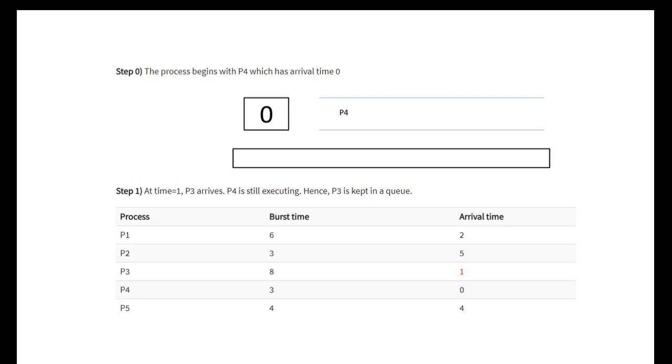Step 1, at time 1, P3 arrives, P4 is still executing, hence P3 is kept in a queue.